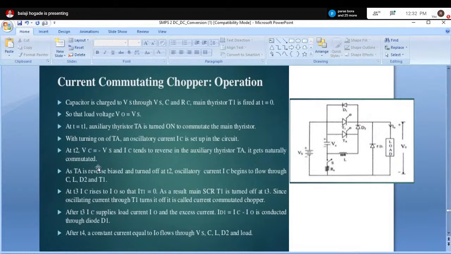Now at the next instant, t equal to T2, Vc is equal to minus Vs. The voltage polarities are reversed and IC tends to reverse, because the capacitor will be fully charged and act as an open circuit. At T2 the capacitor voltage is reversed and IC tends to reverse in the auxiliary thyristor. That means the current will flow in the opposite direction.